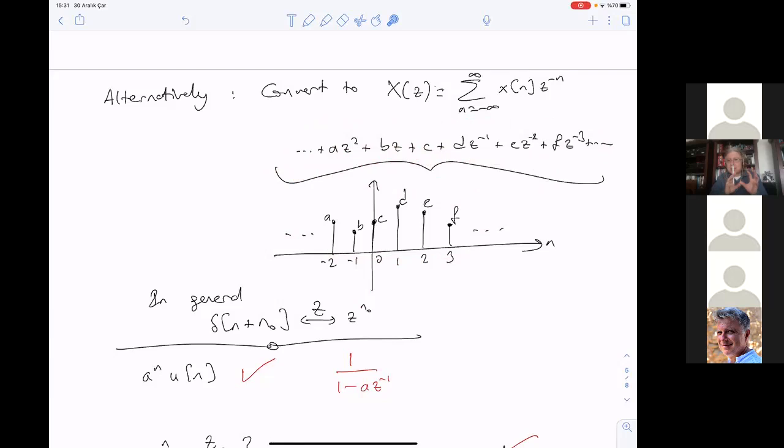Because any function has a Taylor series expansion, which is a polynomial expansion. So if you convert from this function, which is non-polynomial, like 1 over 1 minus 1 over 3 Z inverse, it's not a Z polynomial, but you take the Taylor series expansion of that, and it will be a polynomial. And then from the polynomial to the time signal, it's a piece of cake. It's there already.